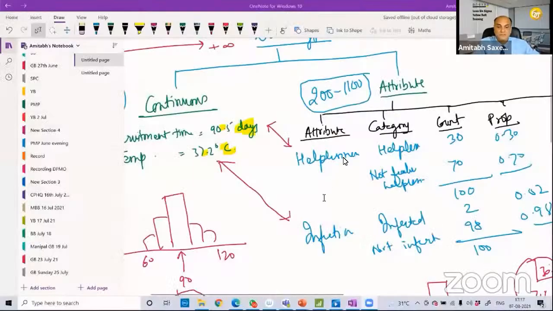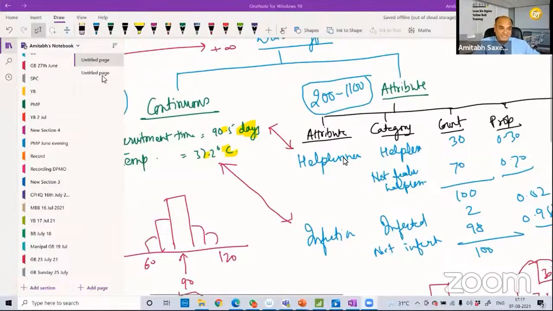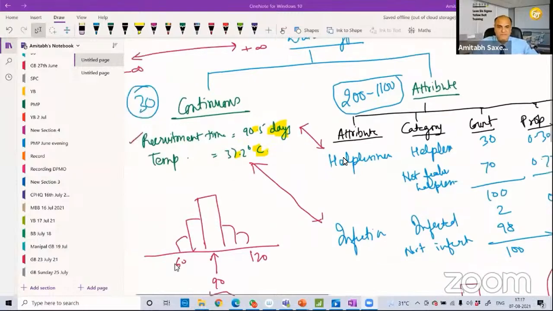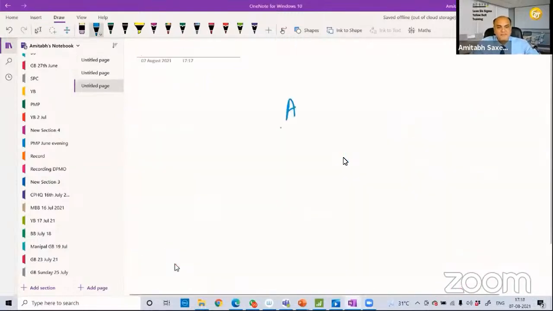Okay, so coming back. One more interesting thing about attribute data, and why it is important for you to understand. Let me ask you a question. Let's say there are two team members in an organization doing some jobs.